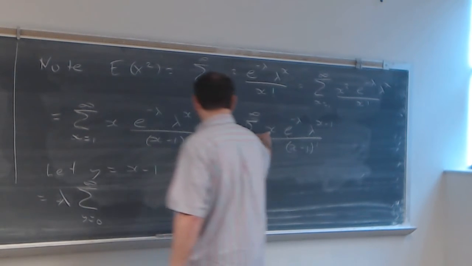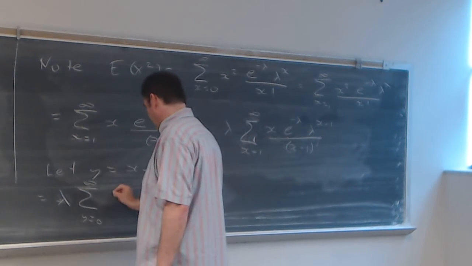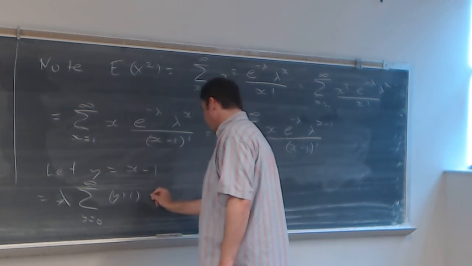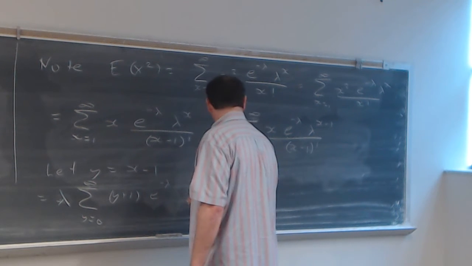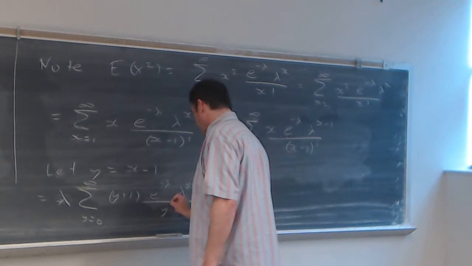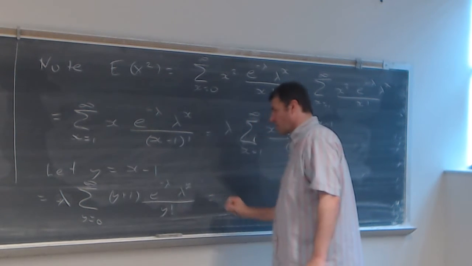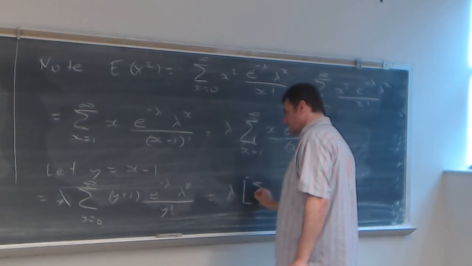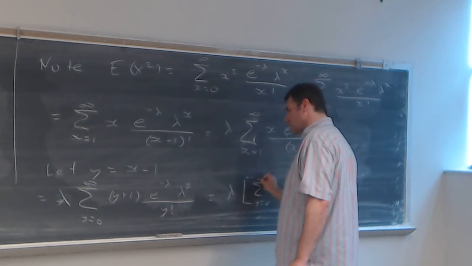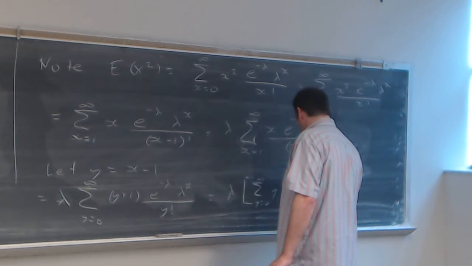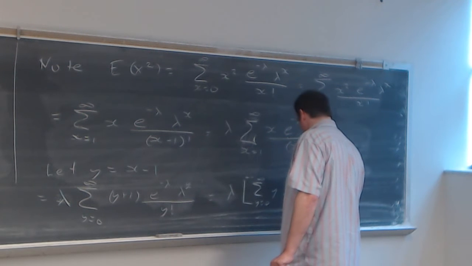Well, here's x, so instead of x, what I'm going to write down is y plus 1, e to the minus lambda, lambda to the y, all over y factorial. That's lambda times the sum as y runs from 0 to infinity of y, e to the minus lambda, lambda to the y over y factorial.